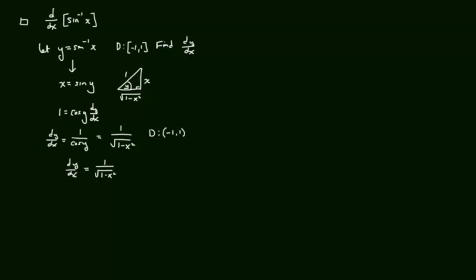Isn't that nice? So I'm going to come over here and write my final answer, 1 over the square root of 1 minus x squared, and I am going to write the domain of that. This gets added to our book of memories.